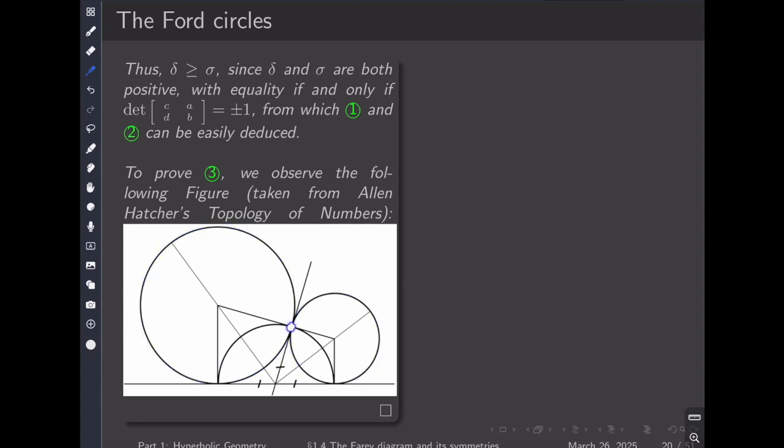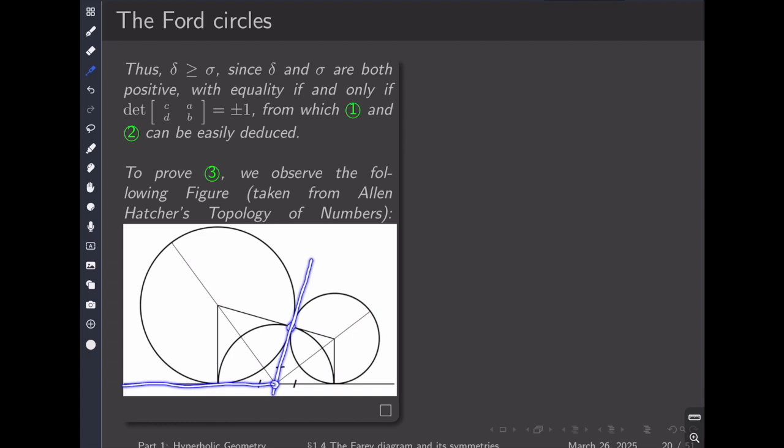Okay, and now we draw the tangent Euclidean line, and then of course it crosses the real axis somewhere, and then we draw the tangent to the one on the left, let's say.